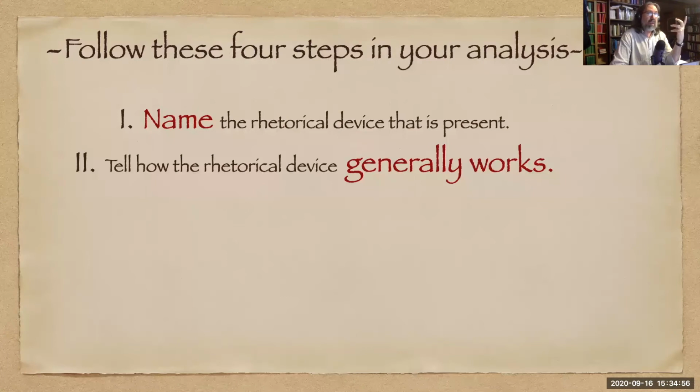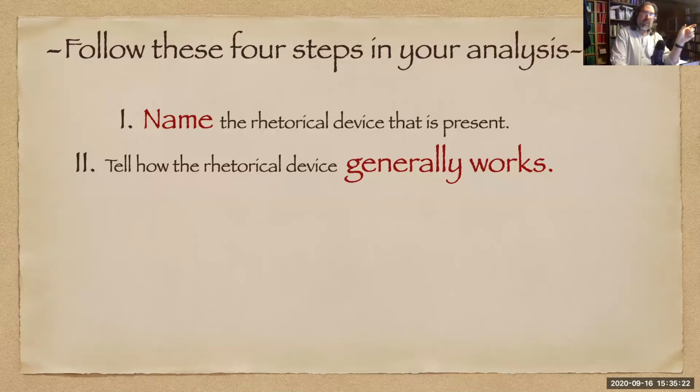How does it work in terms of moving an audience? Why do rhetors use repetition? Because they do all over the globe, in virtually every culture. What makes repetition generally work?